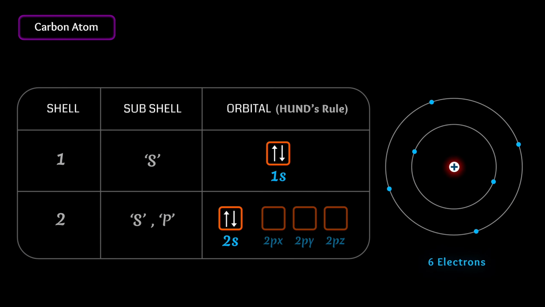According to Hund's rule, each of the 3 p orbitals gets 1 electron before any orbital gets a second. In the second shell, after the 2s orbital is filled, each of the 2p orbitals receives 1 electron before pairing begins. Electrons in singly occupied orbitals always have the same spin, either spin up or spin down. This arrangement reduces electron-electron repulsion and makes the atom more stable.